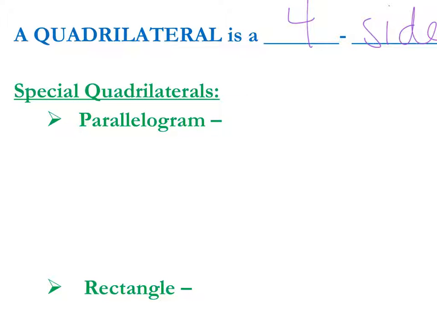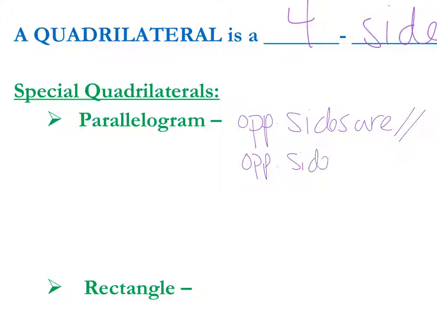So a parallelogram: opposite sides are parallel, hence why it's called a parallelogram. Opposite sides are congruent. Opposite angles are congruent.